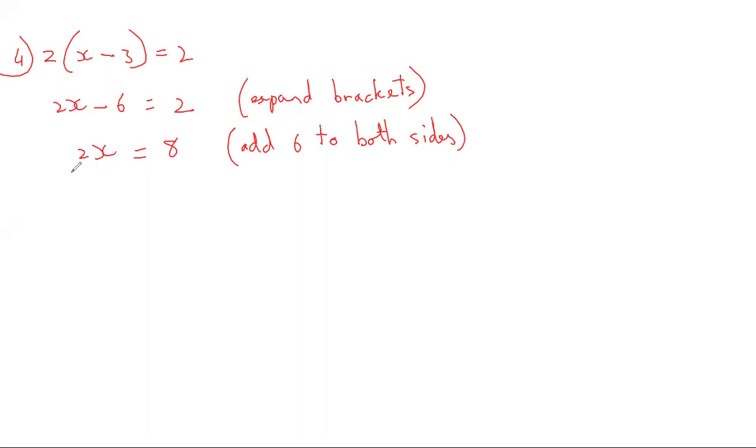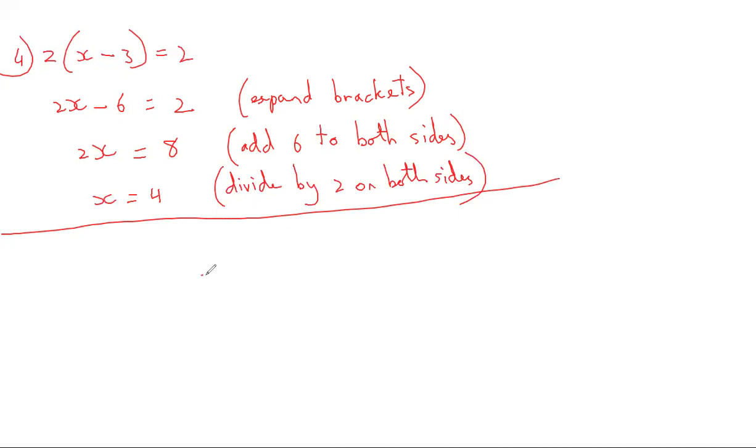To get x by itself, you divide by 2 on both sides. 2x divided by 2 is x. 8 divided by 2 is 4. So you divide by 2 on both sides. So generally when you see brackets, most of the time you're required to expand the brackets first of all.